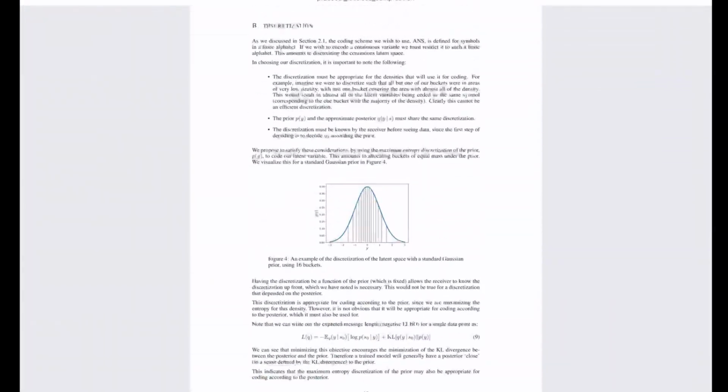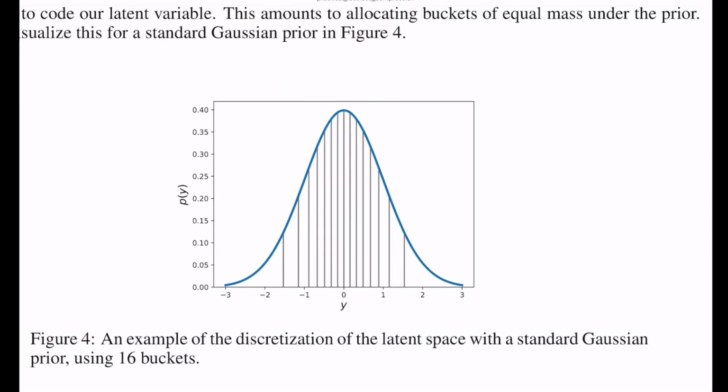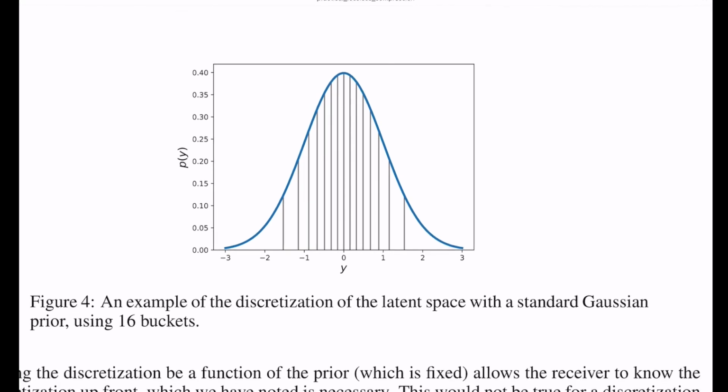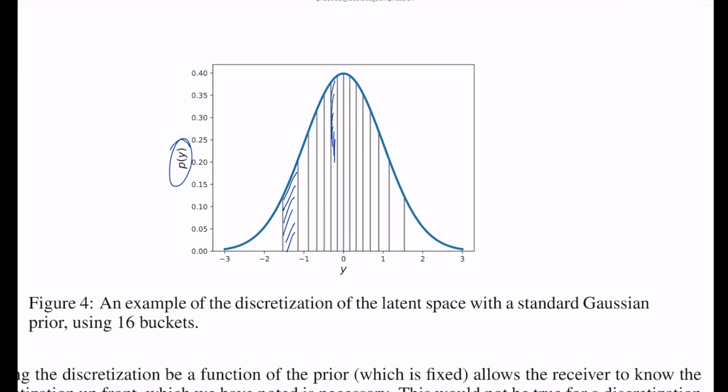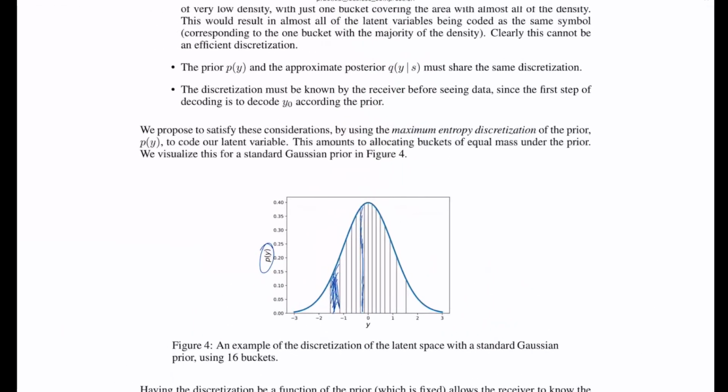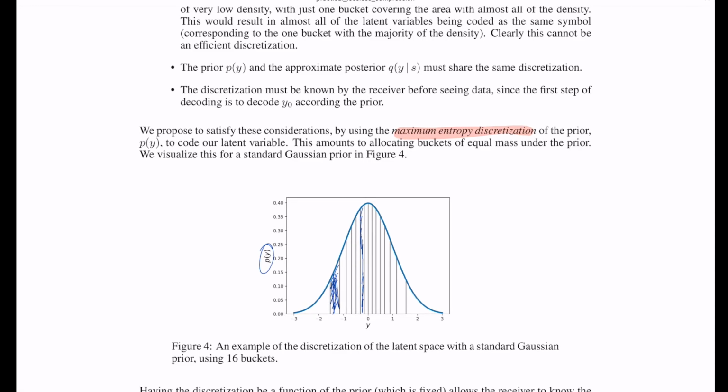Now, the way that they discretize it is that they pick the random normals, right? This is the prior. And they made bins of equal mass. So the area under this bin and the area under this bin are the same. Why? Because this is a maximum entropy discretization, so it preserves the most information in the sample.